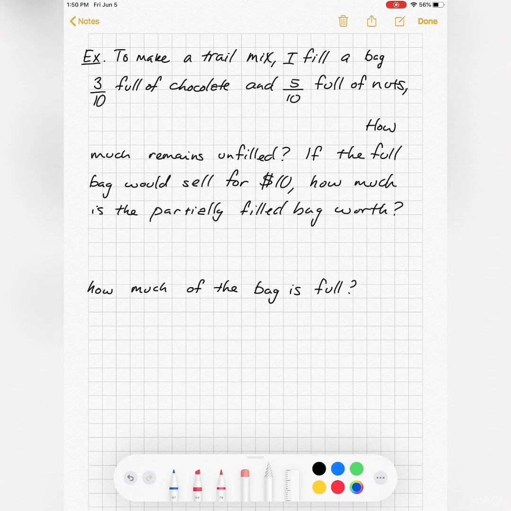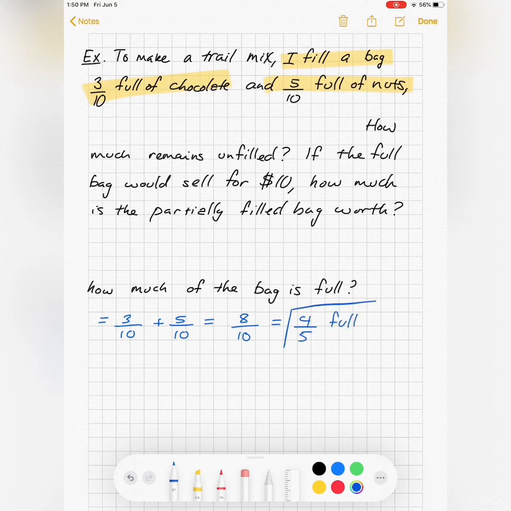Let's break this up. Okay, so fill the bag 3/10 with chocolate, 5/10 with nuts. So how much is full? Well, I filled 3/10 plus another 5/10. So the bag is 8/10 or 4/5 full.